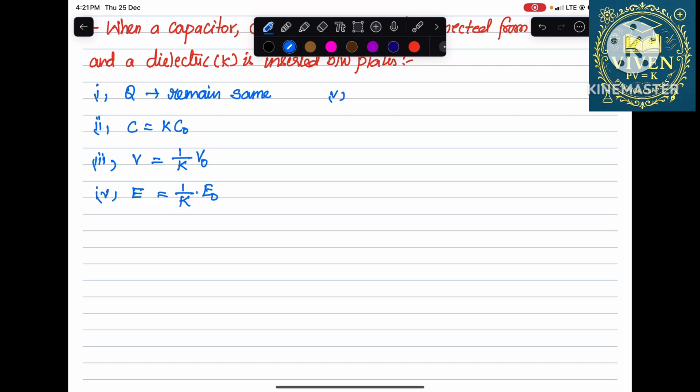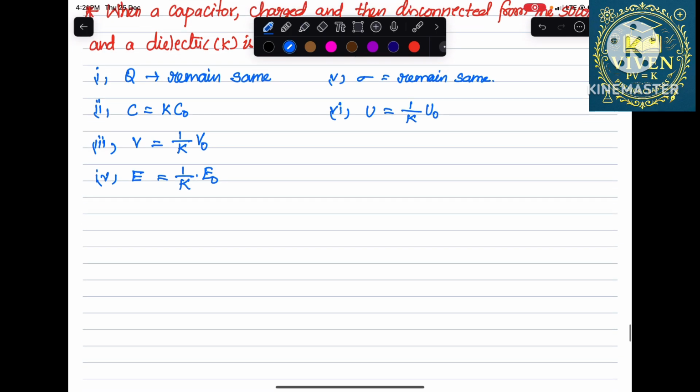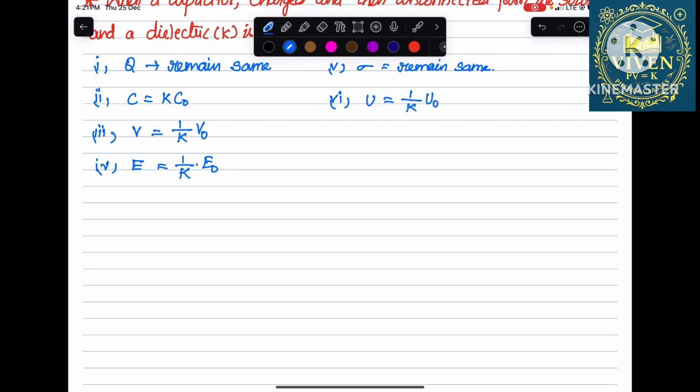Fifth, surface charge density remains the same. And sixth, potential energy also becomes 1 by K times the initial potential energy. Clear?